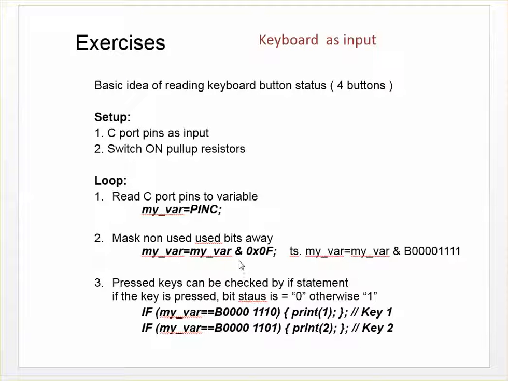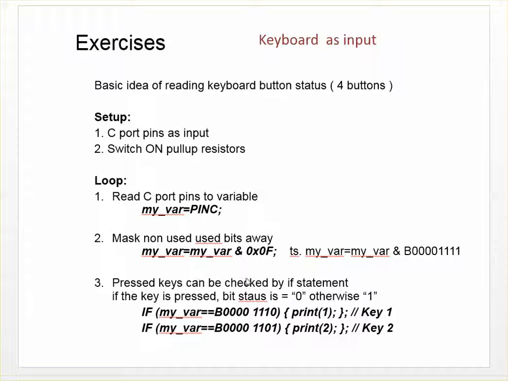That we can do with this AND operator. So if we AND our variable with 0x0F, it means that after that there are left only the statuses of those 4 lowest bits of the PINC register.